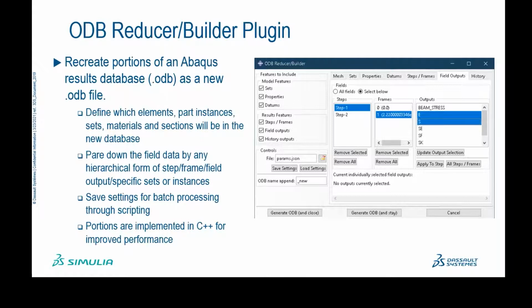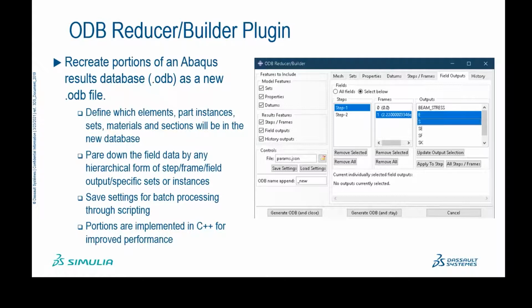So we decided that this plugin is very important, and it's really widely applicable to customers from a variety of industries, sectors, or fields. And now it's included in Abaqus out of the box, so the user doesn't need to download the plugin, find it, and install it. So a lot of users have been inquiring about it, and it makes life quite easier, especially when we have huge ODB files.